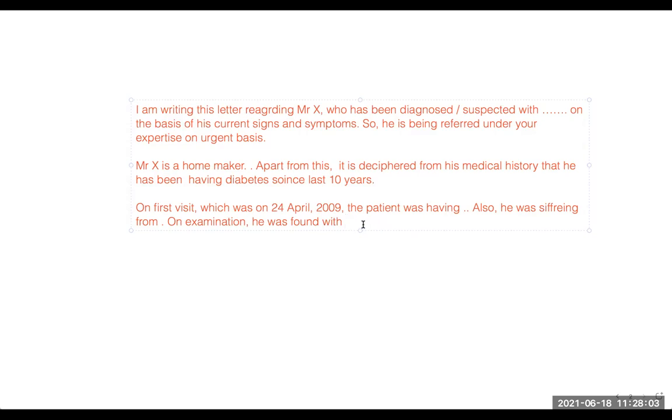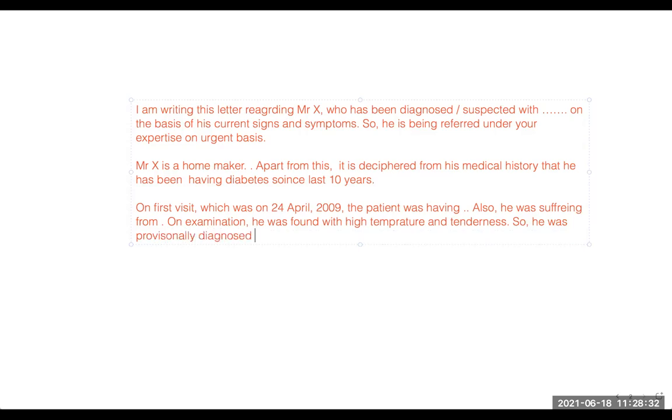Then you talk about the signs because that is what we find when we do examination. So these are the signs. Symptoms would be discussed here: the patient was having this, also he was suffering from, these are the symptoms of the first visit. Then you say he was found with this high temperature and tenderness. This is also a sign, tenderness is also a sign. So you say this and that thing. So he was provisionally diagnosed with, provisionally means at that time.